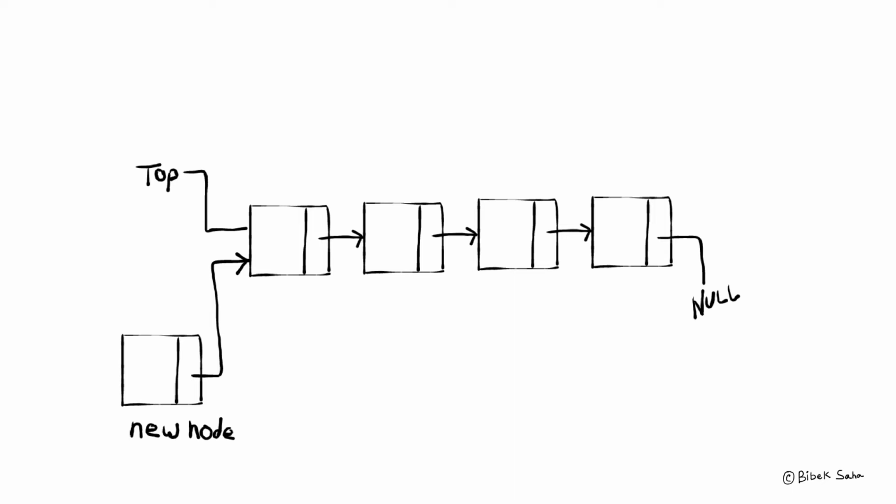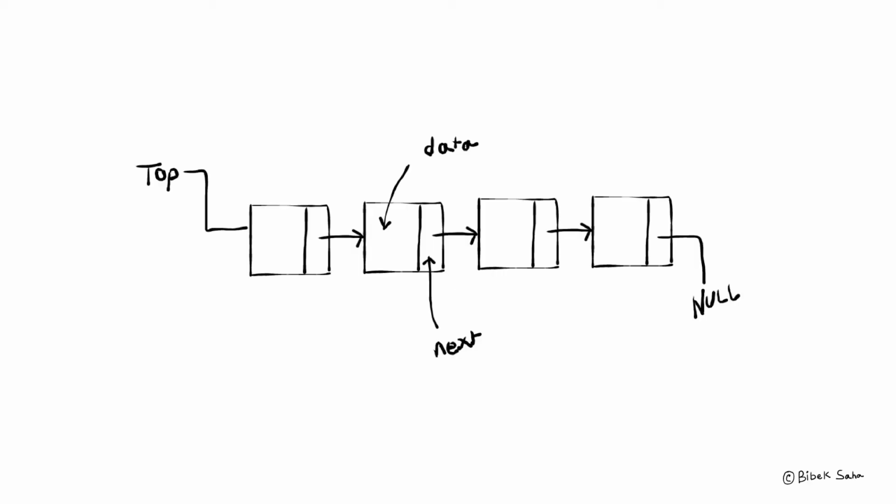So at this stage, both the top and the new node's next portion would point to the same node. Then the top would be set to contain the reference to the new node, and the new node will be inserted into the stack.